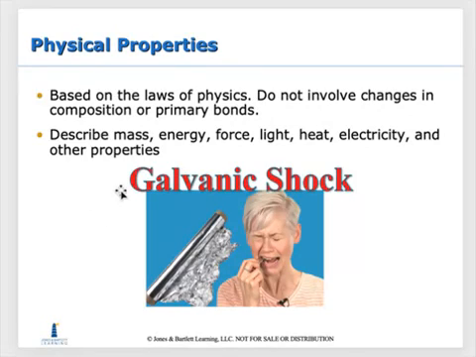An example of this would be galvanic shock. If you were me as a kid, and I don't know why we did this, if you had any amalgam fillings and then you took a piece of a gum wrapper that had an aluminum coating and you'd scrape it across your fillings while you were biting, it would create an electrical shock. So that's one example of a physical property.